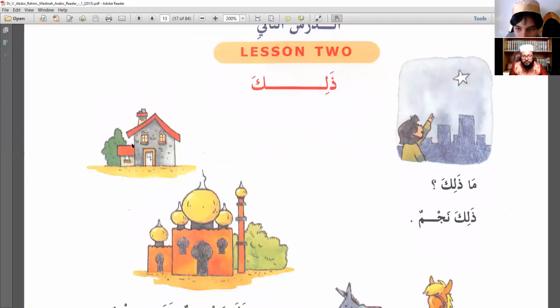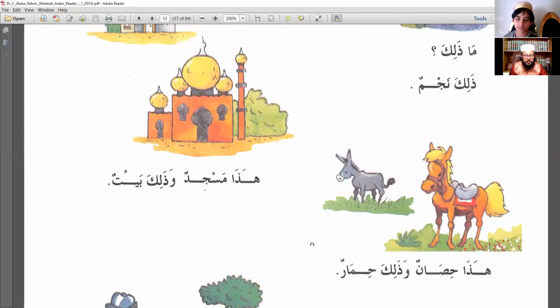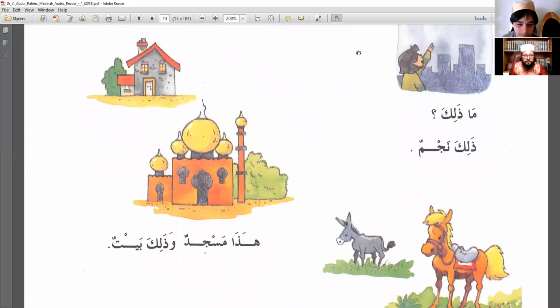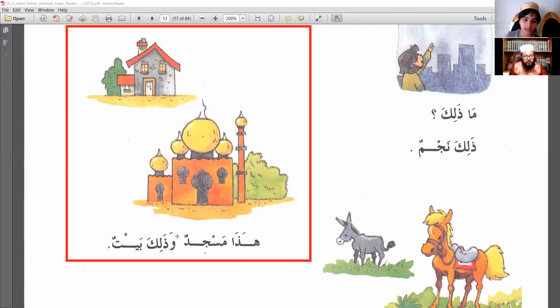Look at this. Can you read this one? Ma dhalika? What is that? Dhalika najmun. That is a star. Very good. Then: Hadha masjidun wa dhalika baytun. This is a masjid and that is a house. Very nice, mashallah.